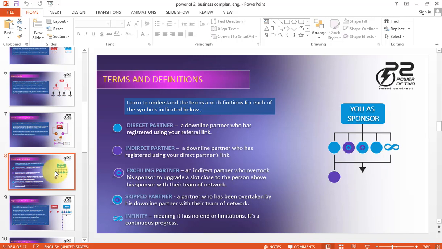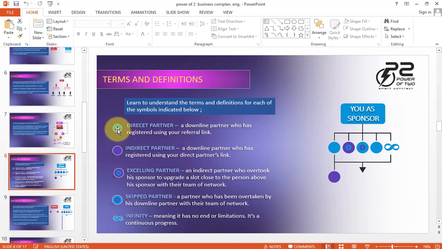Okay, here it shows terms and definitions. We need to learn to understand certain terms and definitions, and we can see some images, or let me say some symbols, in this section. This color or symbol is indicated as a direct partner, which is a downline partner who has registered using your referral link.